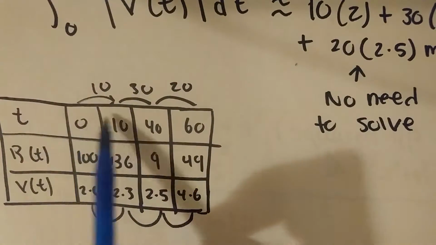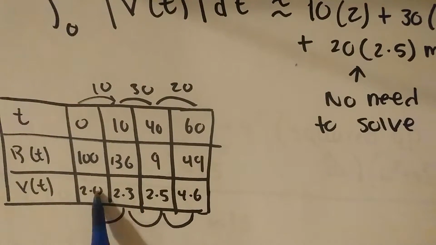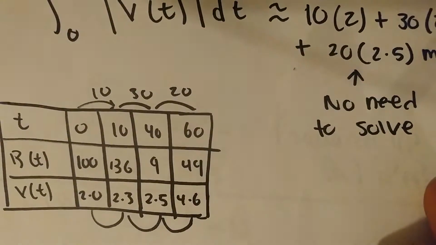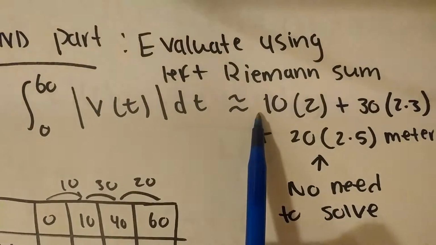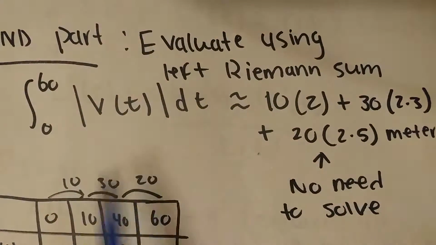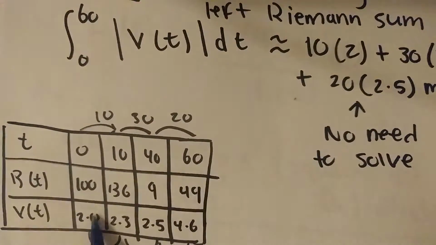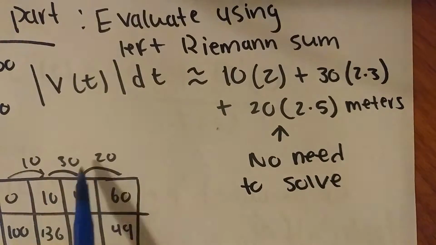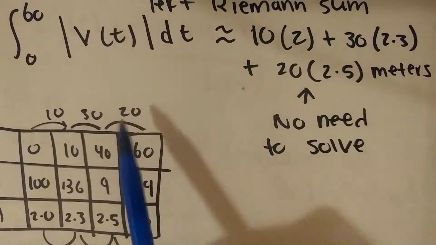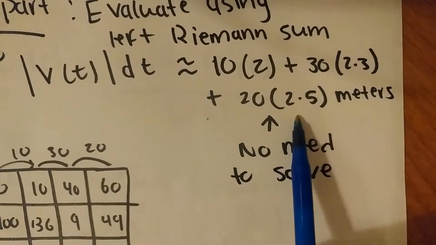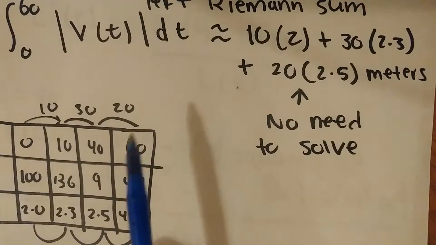So from 0 to 10 is going to be 10, 10 to 40 it's 30, from 40 to 60 is 20, and then you always use the left point for v of t. So from 0 to 10 it's 10, so 10 times 2 is the most left point, and then from 10 to 40 is 30, so 30 times 2.3, which is the left of that, and then from 40 to 60 is 20, so 20 times 2.5, which is the left point of that.